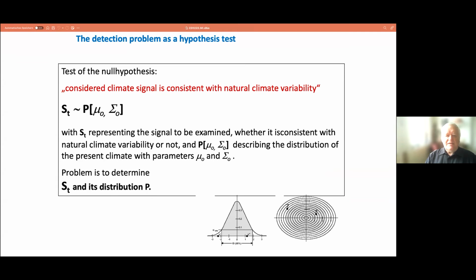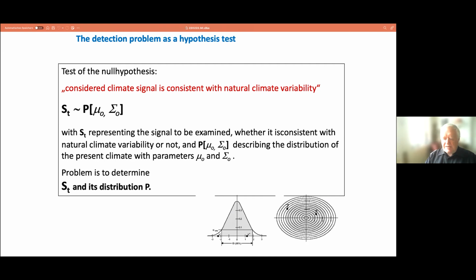So we ask if S_t, that is a signal to be examined, the change to be examined, is from a given probability distribution characterized by a certain mean state and covariance matrix sigma. In the lower two little diagrams, you see sketches for a one-dimensional and a two-dimensional situation.